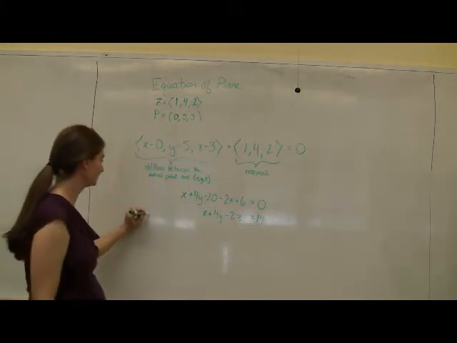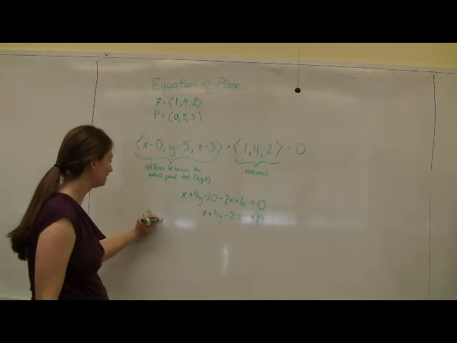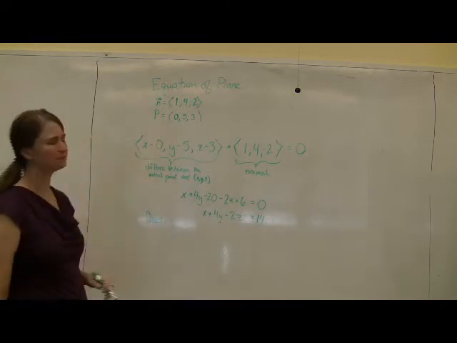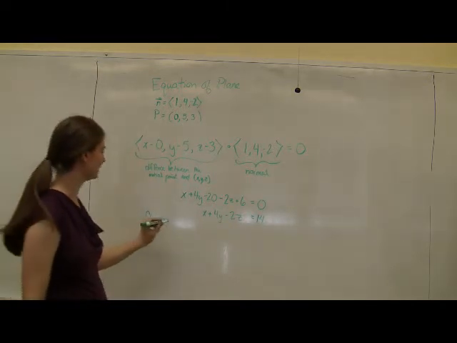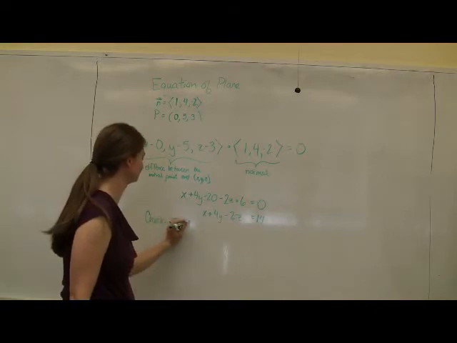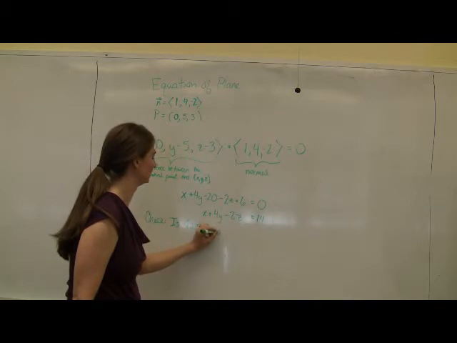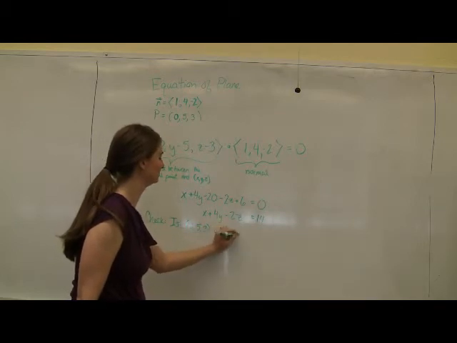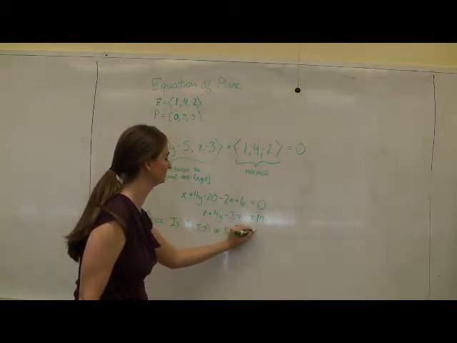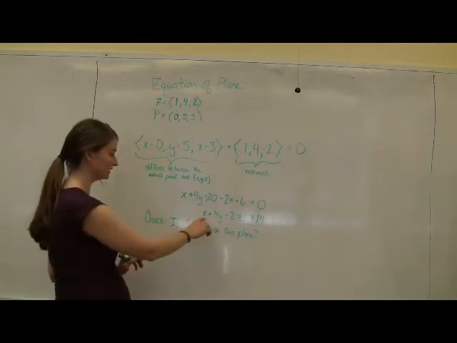Let's go ahead and check. And by check, I mean I'm going to see, is the point 0, 5, 3 actually on this plane? Well, let's go ahead and plug it in and see what happens.